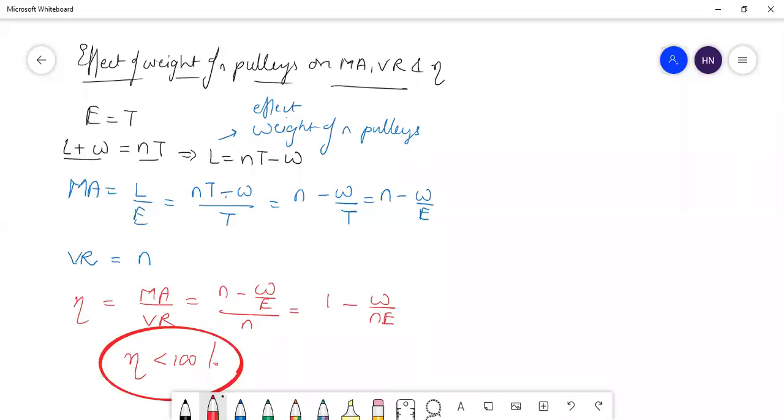Is the effect of weight on the pulleys clear? Any doubt? That was the last part of your chapter. Anyone want to ask anything?